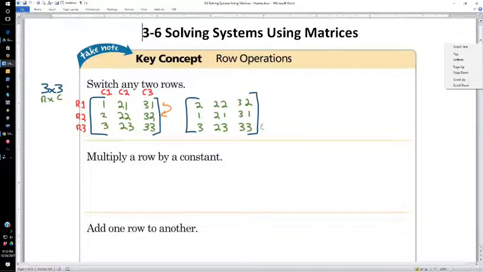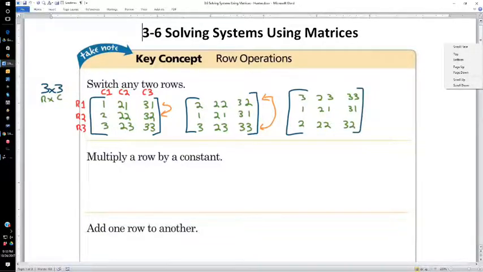So if I want to, I can switch rows 1 and 3. I'll stick row 3 up top: 31, 32, 33. My row 2, I'm leaving it alone. And my row 1, I stuck on the bottom.